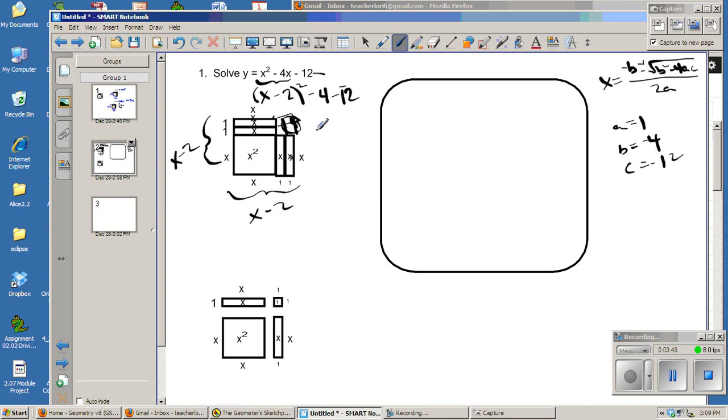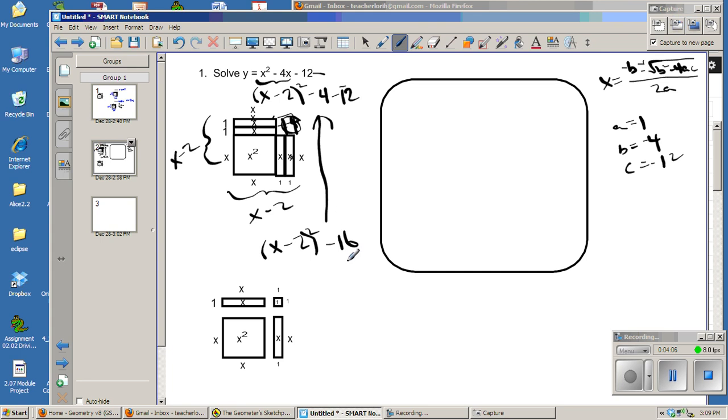So I'm going to go over here. Let's bring it down here. So this I'm going to rewrite. x minus 2 squared minus 16, because I have minus 4 minus another 12.